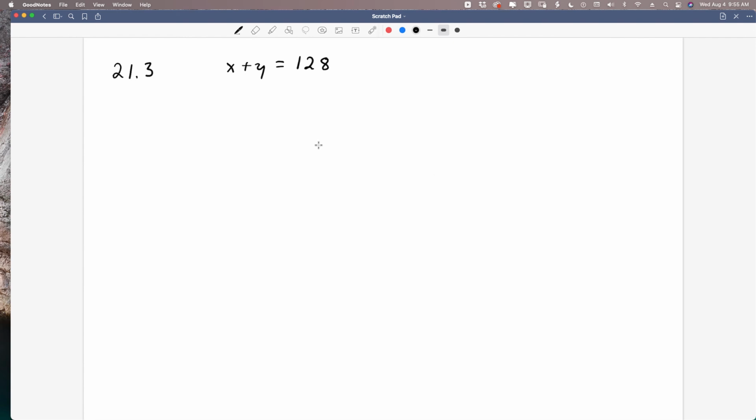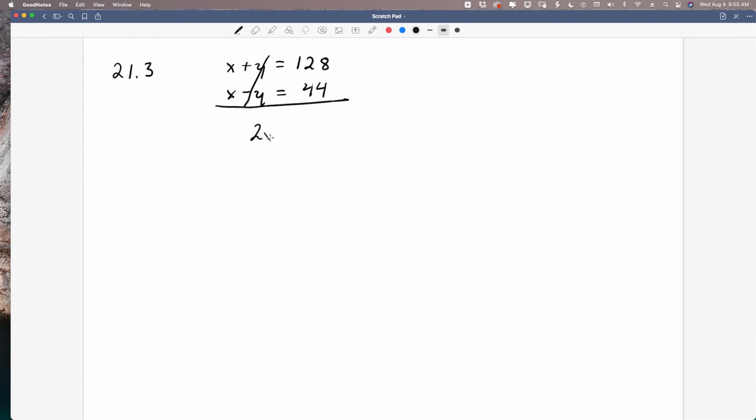What are the numbers? Okay, so we have x plus y is 128. Now we have x minus y is 44. That looks like an elimination problem to me. Does that not look like an elimination problem to you? We have a positive 1y and a negative 1y. We can just eliminate that.